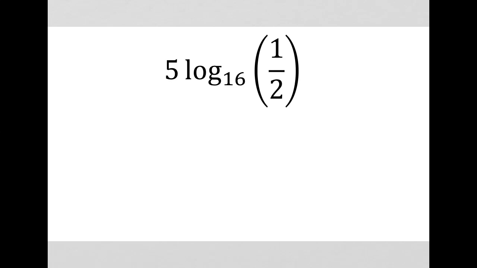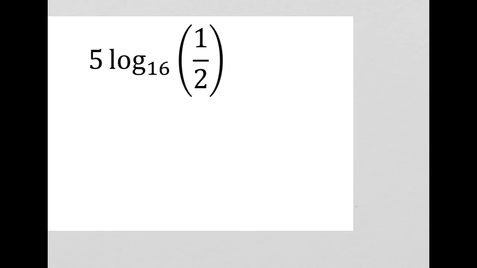So apparently I was all excited about base 2 on the day that I wrote these problems, because again, we could rewrite this in base 2. So I'm going to leave that 5 out front for now and change the base to log base 2.